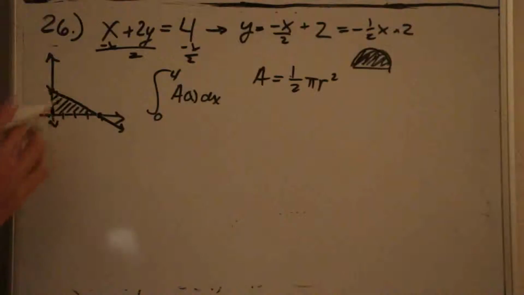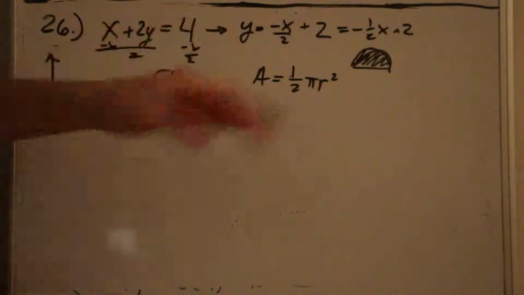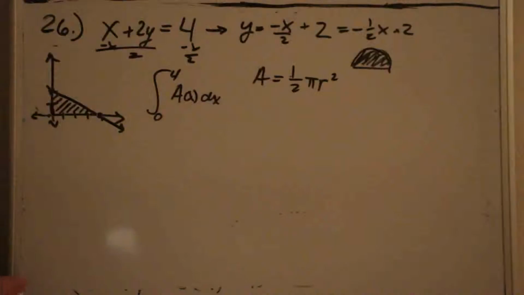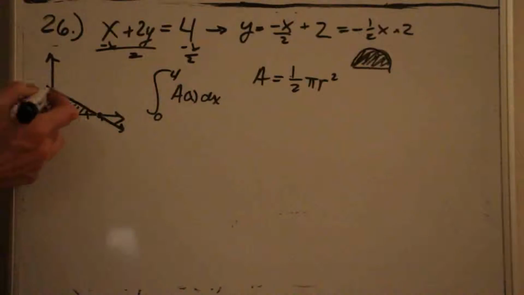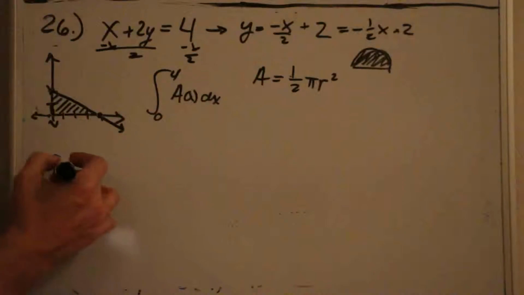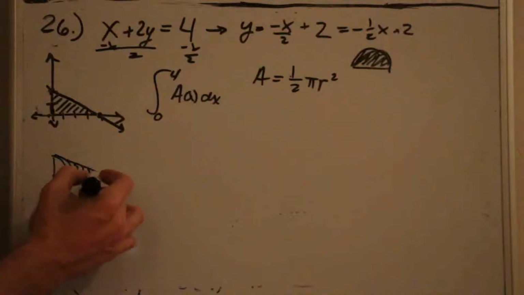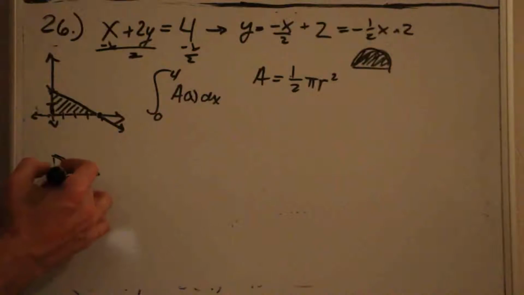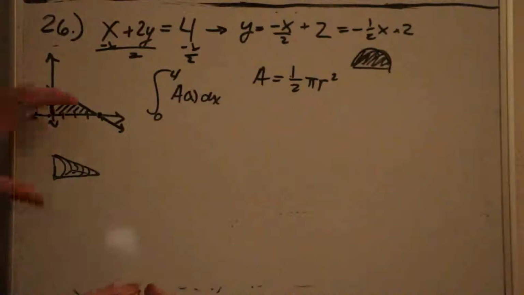To back up, the area of each cross-section is a semicircle. We know this. So that means this is going to look like this, where it's like little semicircles each way going down. Here's a radius of the semicircle. And you can kind of see, it's like a half cone.